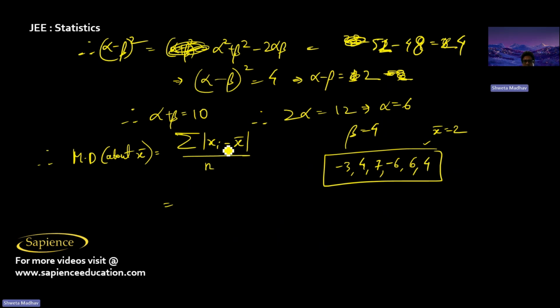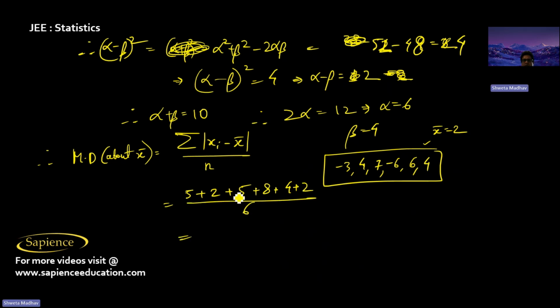This will be minus 3 minus 2 mod of that, that is 5, plus 4 minus 2 is 2, plus 7 minus 2 that is 5, plus minus 6 minus 2 that is 8, plus 6 minus 2 that is 4, plus 4 minus 2 that is 2, divided by 6.